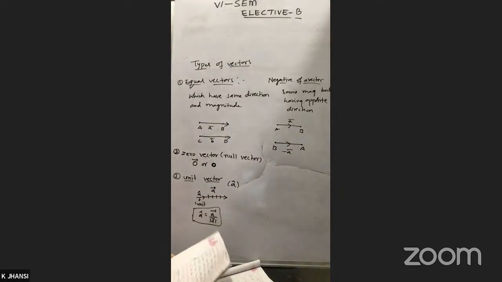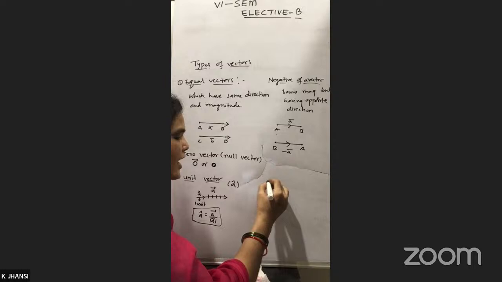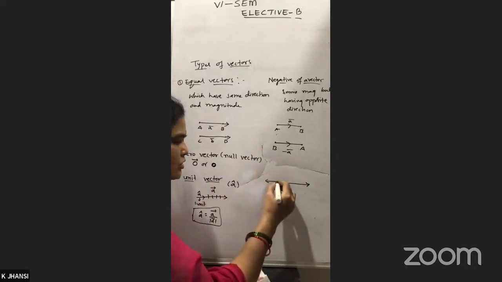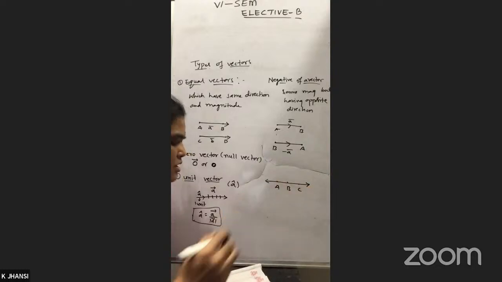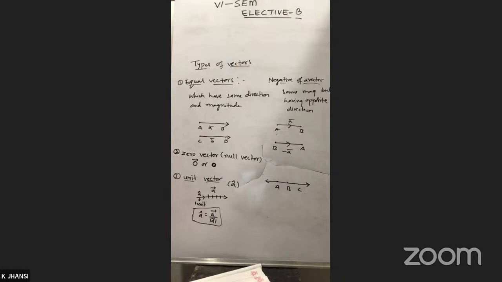For collinear vectors, one theorem is also there on page number 1.5.7. Collinear vectors means the vectors lie on the same line, that is A, B, and C. If their lines of support are either same or parallel, and if A and B are collinear, then their directions are same or opposite.